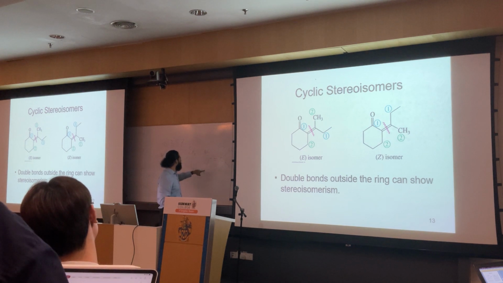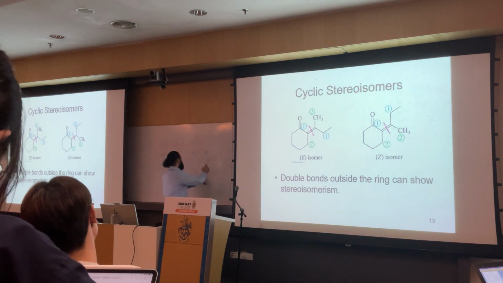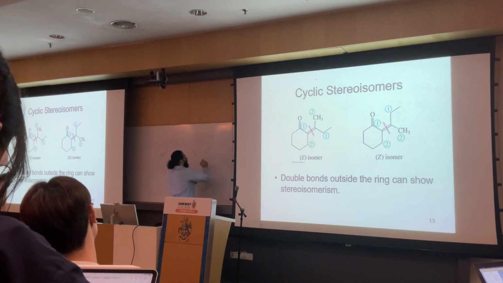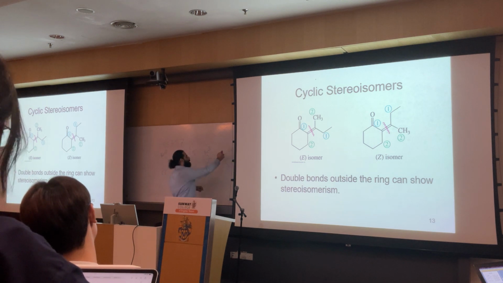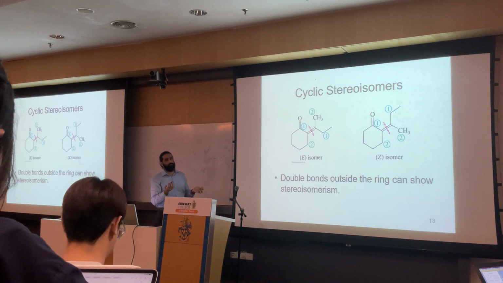So out of this and this, which one will take high priority? Bromine, right? And out of this and this, which one will take high priority? Chlorine. So both are on the same side, hence this will be Z. No problem, right?